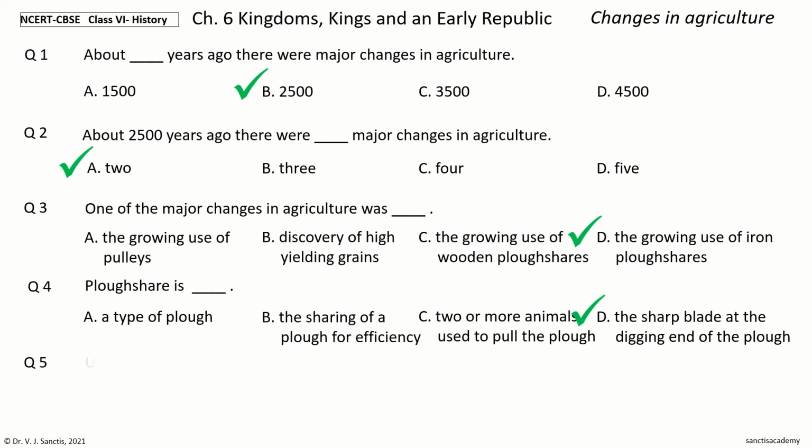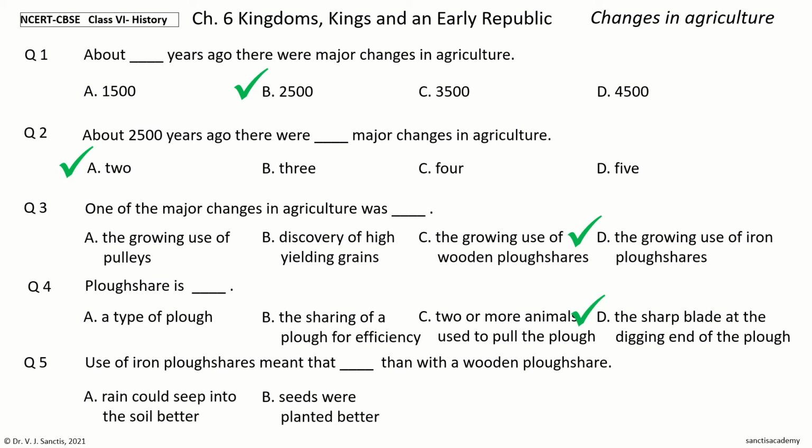Question 5. Use of iron plowshares meant that dash than with a wooden plowshare. The options are rain could seep into the soil better, seeds were planted better, harvesting was easier, heavy clayey soil could be turned over better.